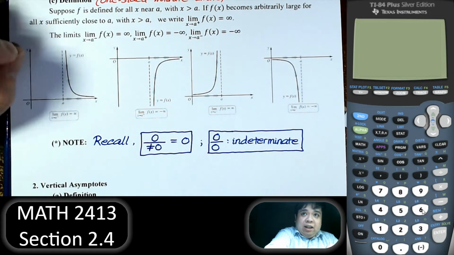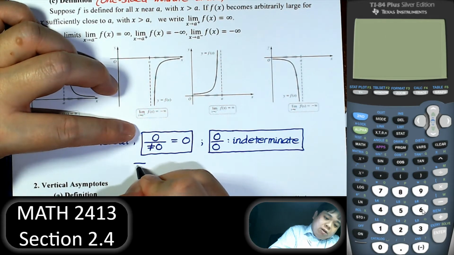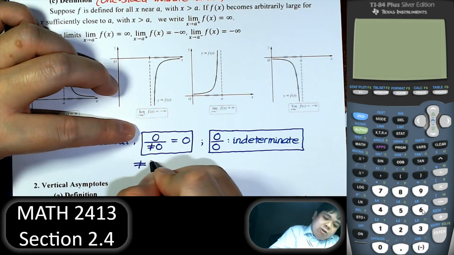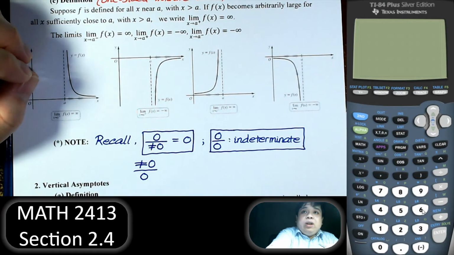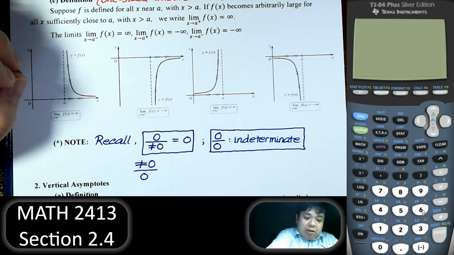And the last case is what happens if we have something other than 0 divided by 0. Earlier we said that this is undefined, right?